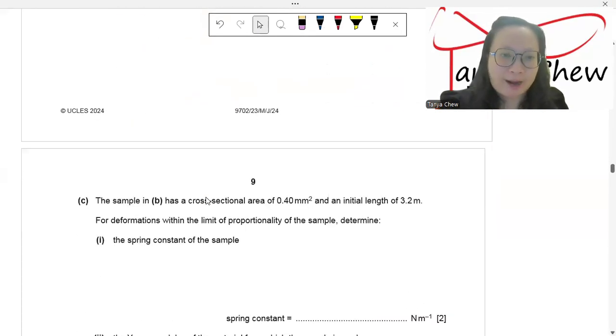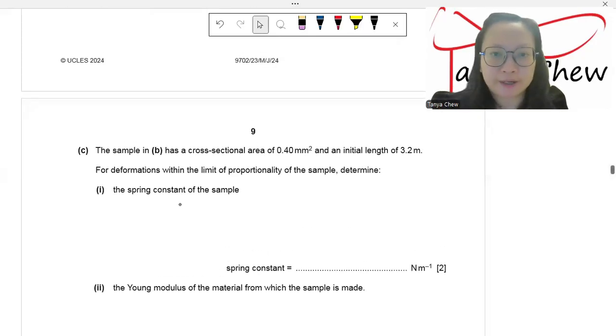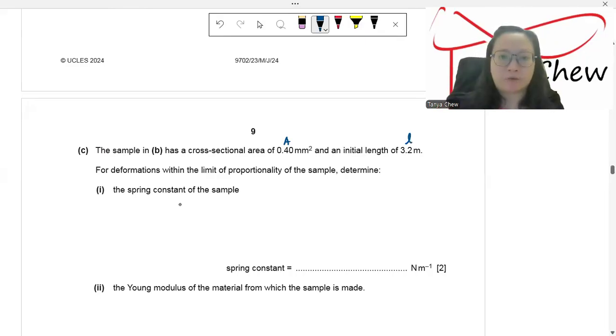That's it. And C, the sample in B has a cross-sectional area, this is area, of 0.4 millimeter square and an initial length of 3.2 meter, that is L. For deformations within the limit of proportionality of the sample, determine the spring constant of the sample.